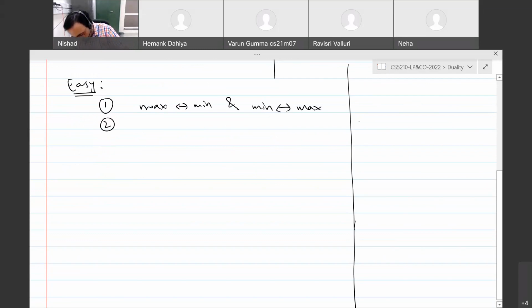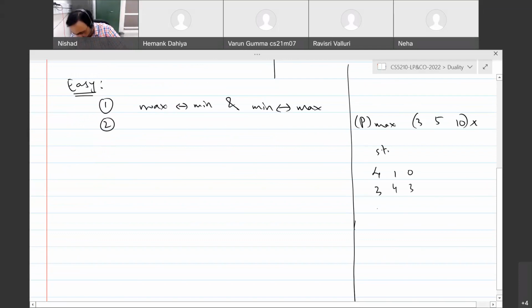Let's say the primal is maximize 3, 5, 10 x subject to 4, 1, 0, 3, 4, 3, 0, 1, 7, 2, 0, 1 x, and I'm going to put a bunch of different signs here.